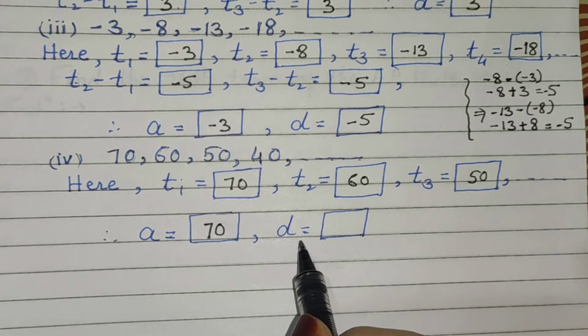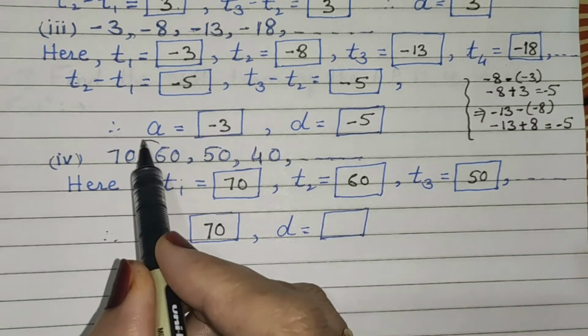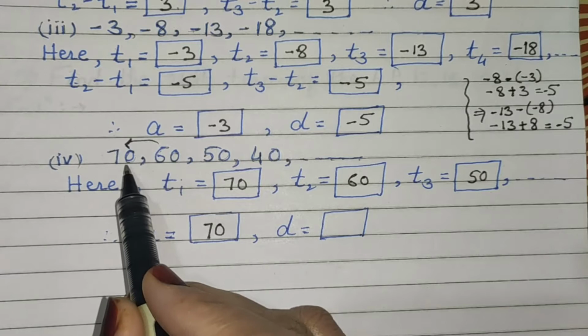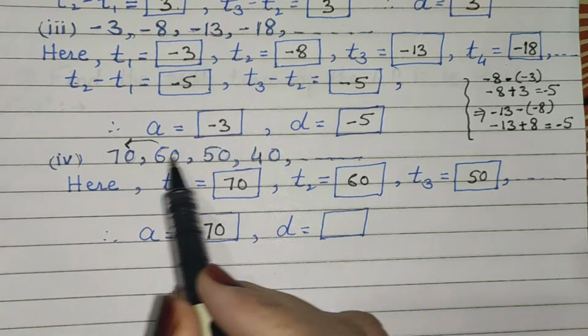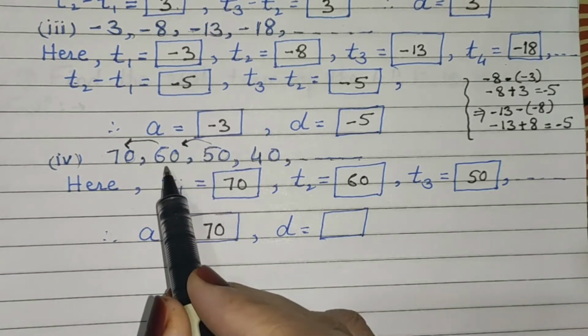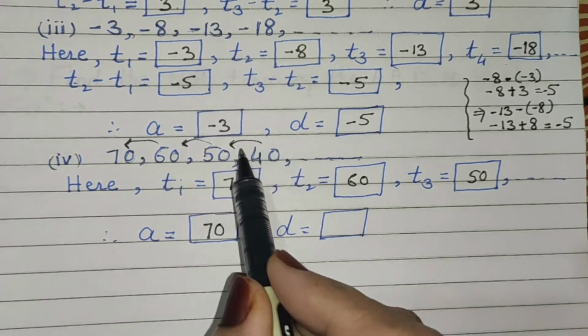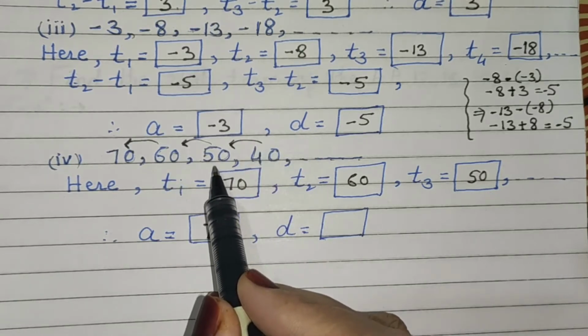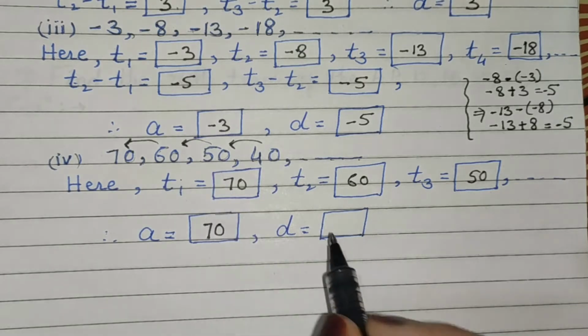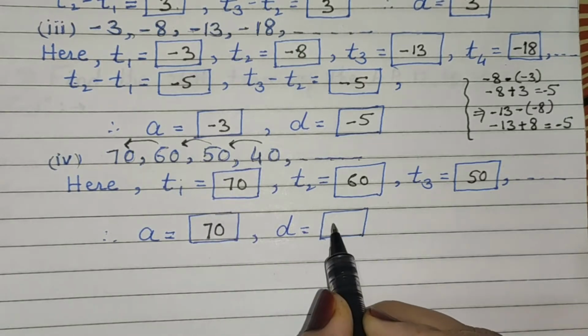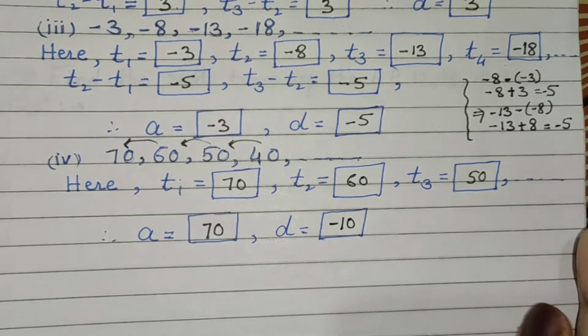We get the common difference as T2 minus T1, means 60 minus 70, minus 10. T3 minus T2, again we get minus 10. And T4 minus T3, again we get minus 10. Therefore d is equal to minus 10.